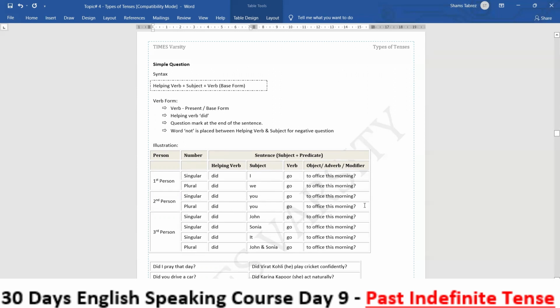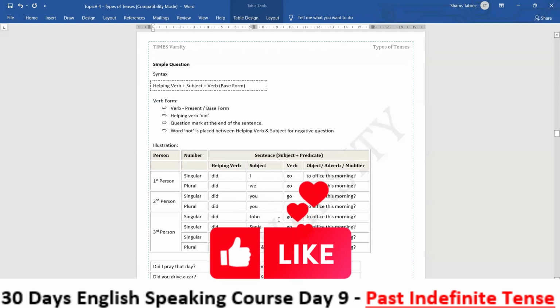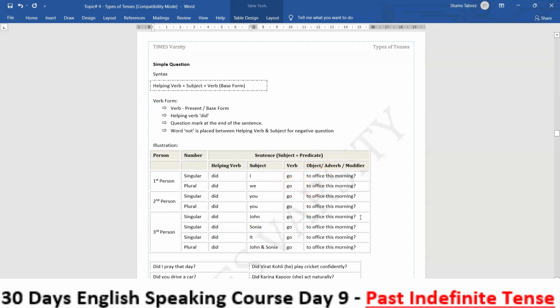Did you go to office this morning? Did John go to office this morning? Did Sonia go to office this morning? Here it should be a small i because it is coming in between. So did it go to forest?